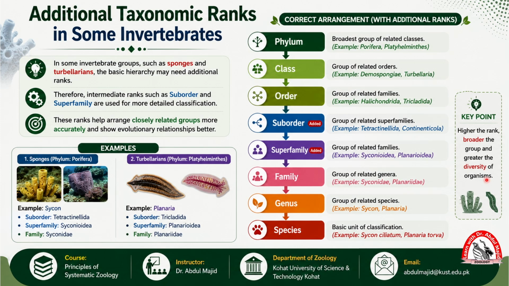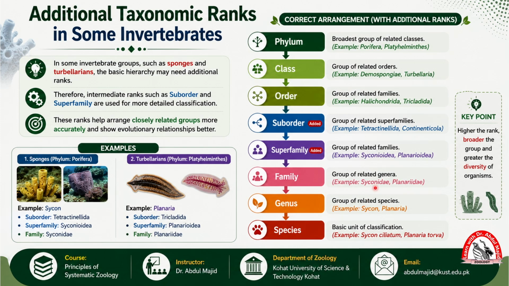But in certain cases, extra ranks such as suborder and superfamily are added between the major categories. The modified hierarchy becomes phylum, class, order, suborder, superfamily, family, genus, and species.